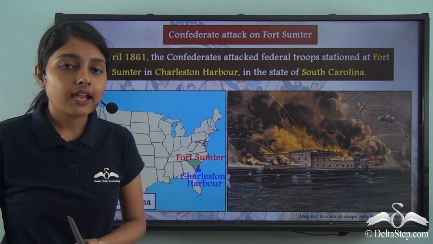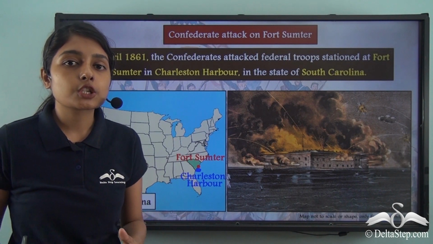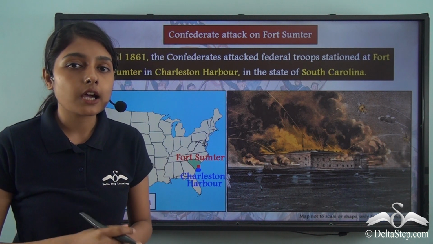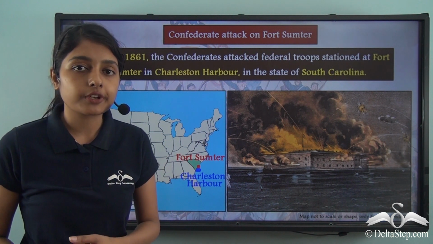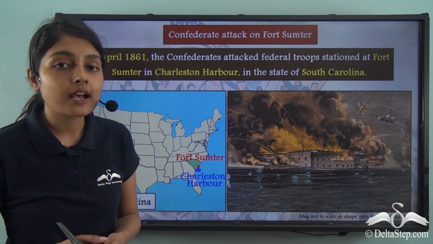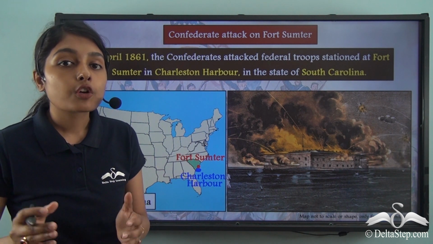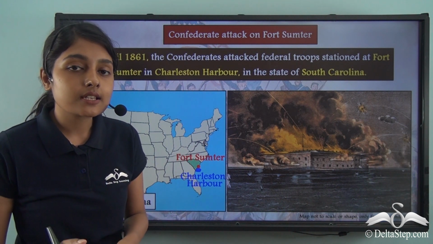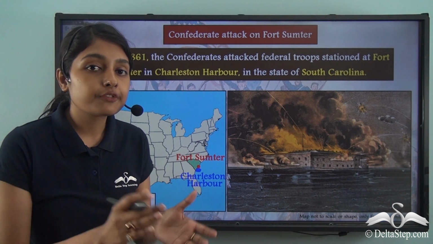We just learned that the Confederate States went on to form their own volunteer army, which came to be known as the Confederate Army. Now this Confederate Army had a very important task of defending the Confederate States and simultaneously overthrowing the Union forces.